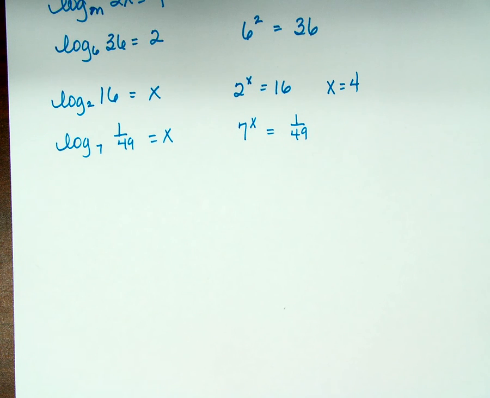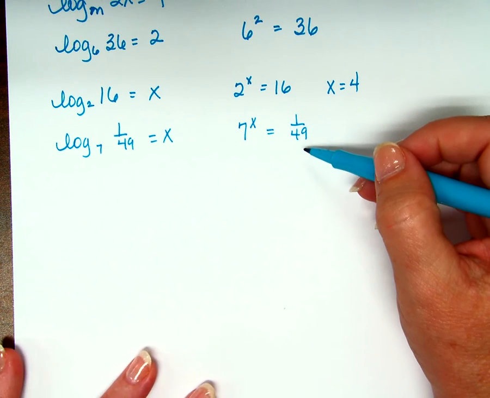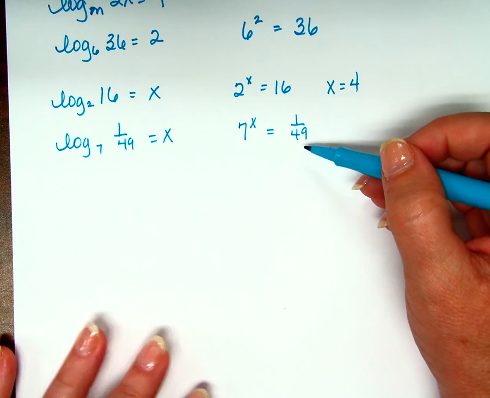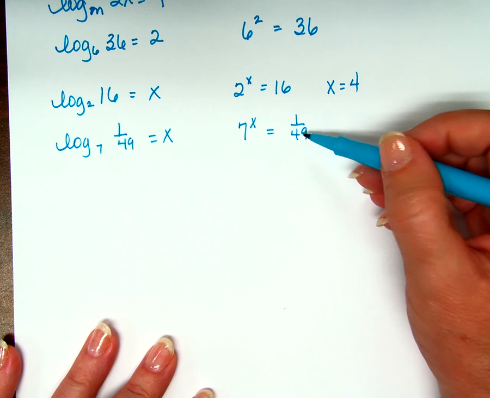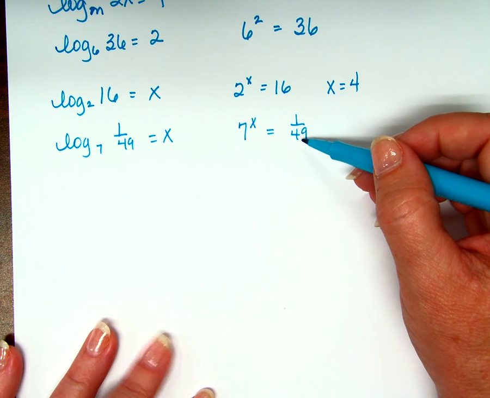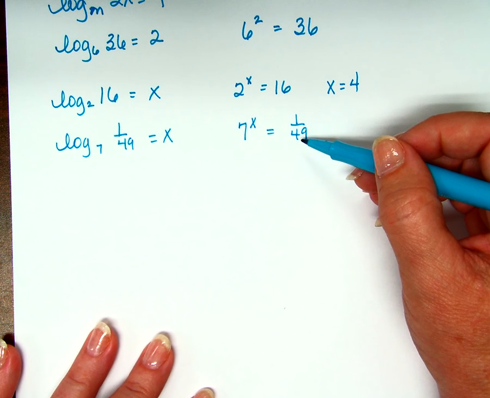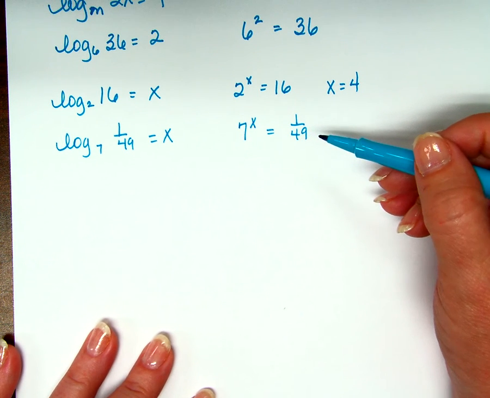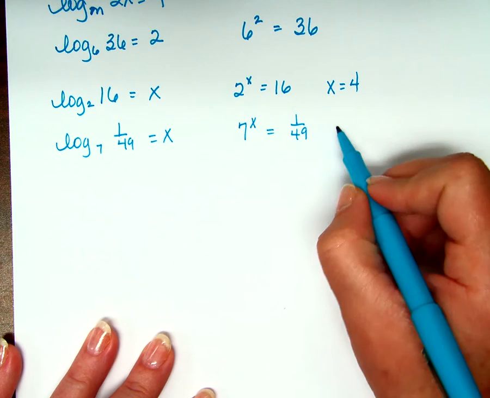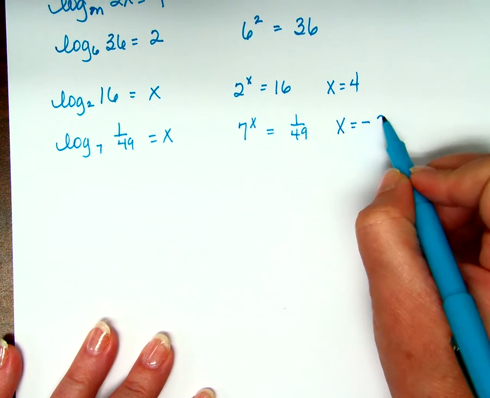Because 7 squared is 49. But since it's 1 over 49, you should also know that answer. Because what makes something go to the bottom of a fraction? A negative exponent. So it's just negative 2.